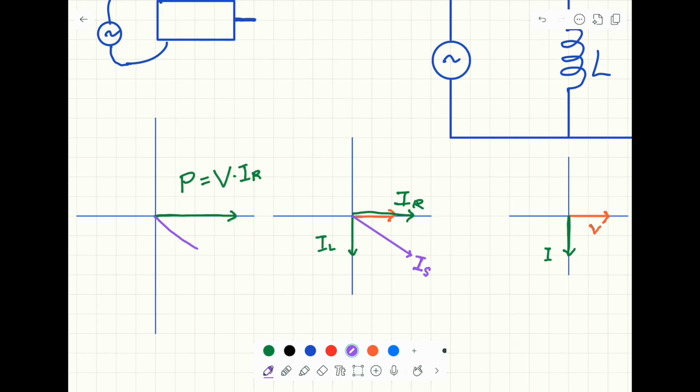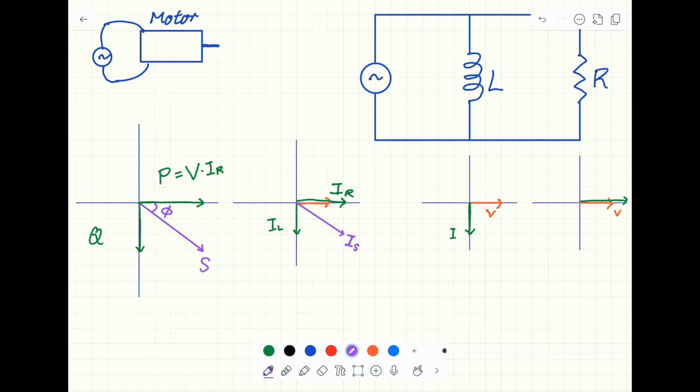So it will be along here, and this is S, and this is the angle phi. The reactive power comes from the inductor. So this is where the reactive power Q is.